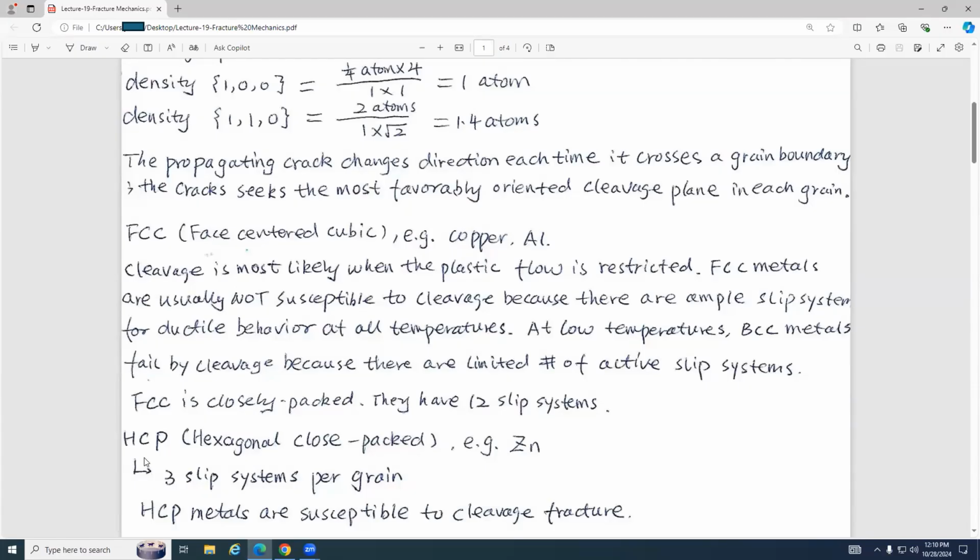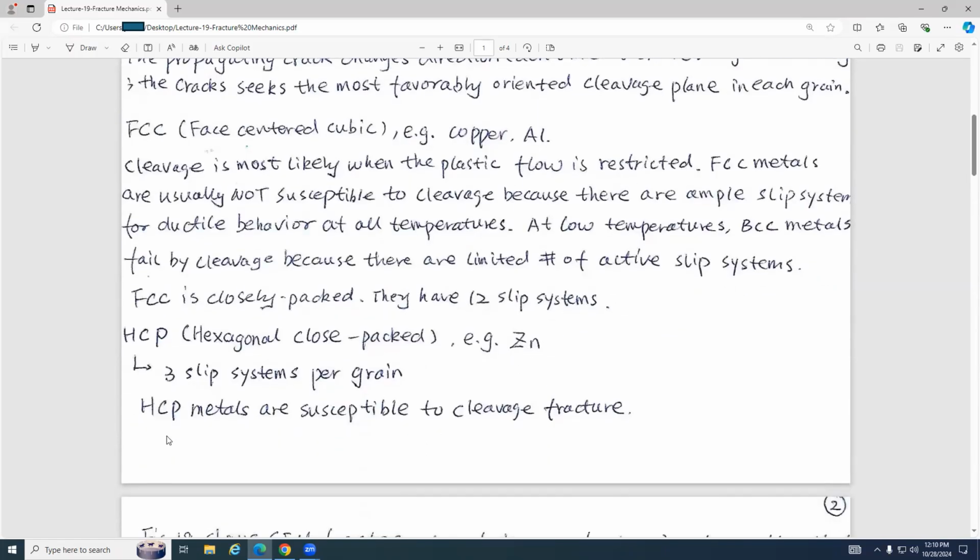The third category is HCP, hexagonal close packed. A typical one is zinc, and it has 3 slip systems per grain. When we compare this number of slip systems with that of FCC, which is 12, 3 is much less than 12.